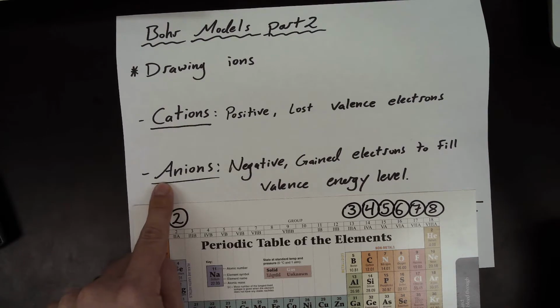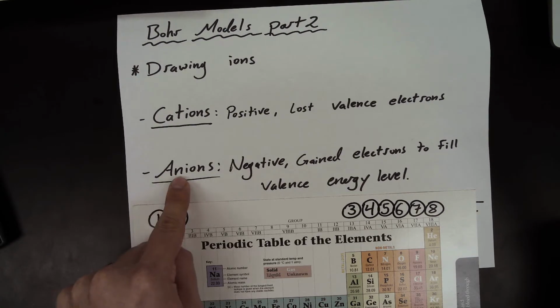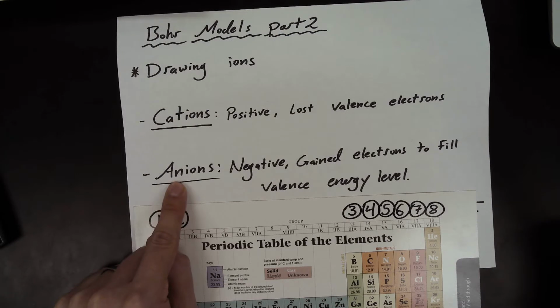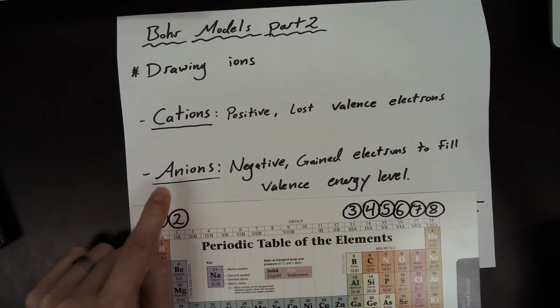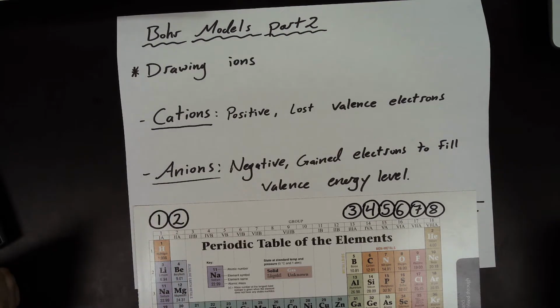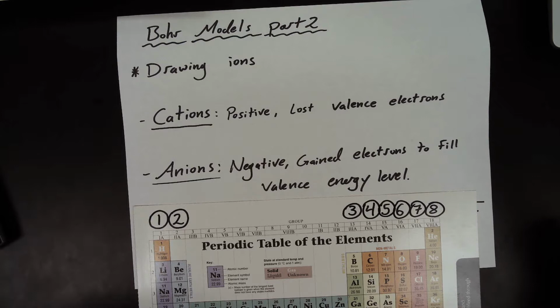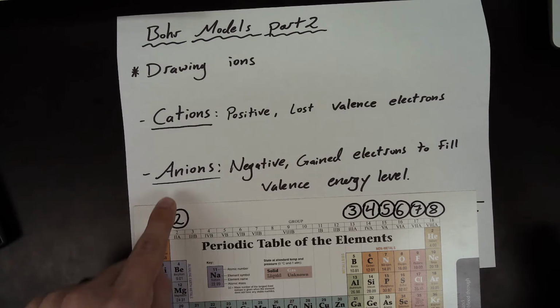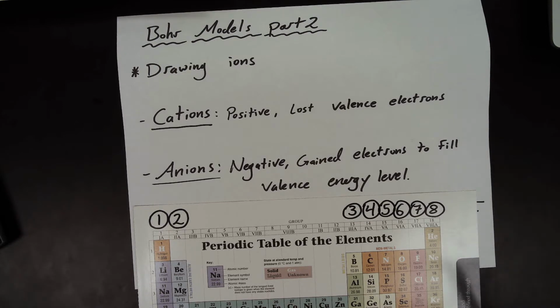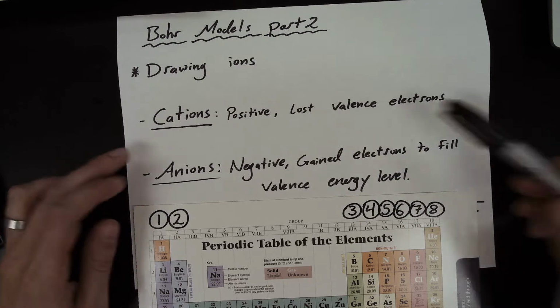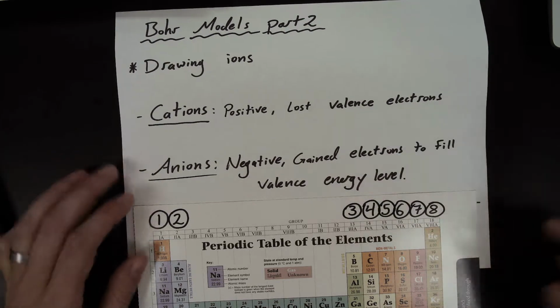I remember anion because of the first part of the word. Anion is the same part of the word as antagonist, like in a story or a novel. The antagonist is the negative force or the bad guy, right? And anions are negative.